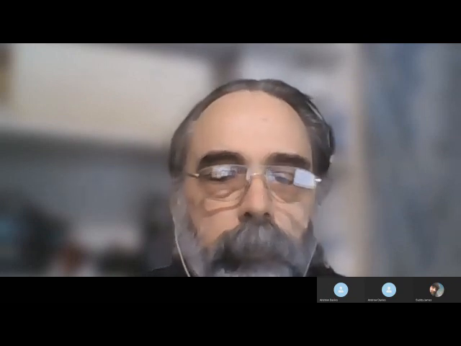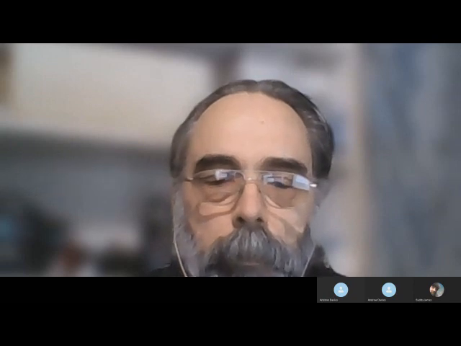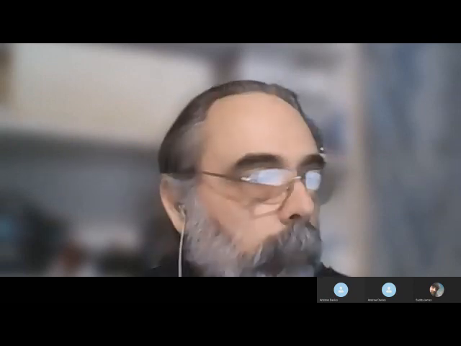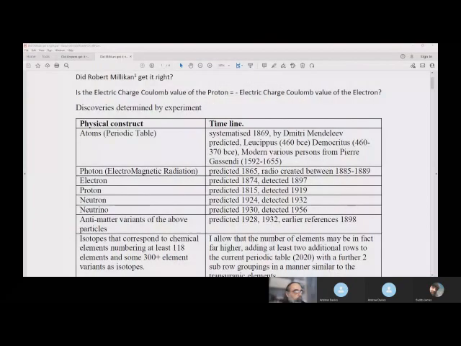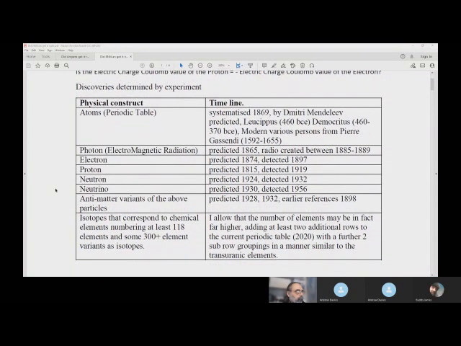I'll turn on my share screen and I'll show you the timeline of things that occurred around the time of Millikan's experiment. At the time, they knew that there were atoms, they knew there were photons, they knew that there were electrons.